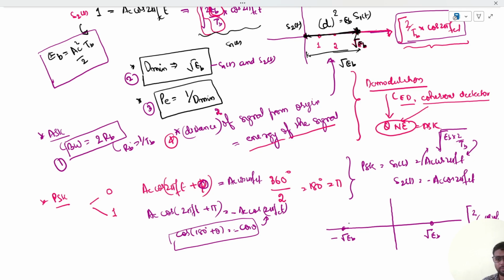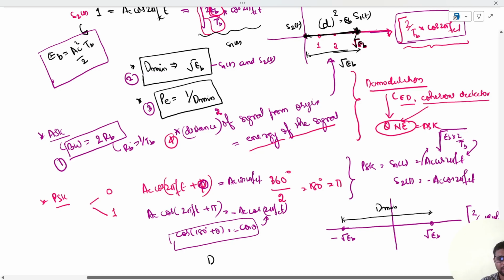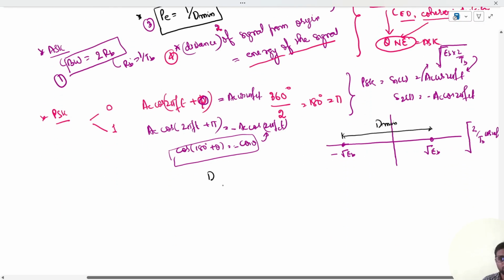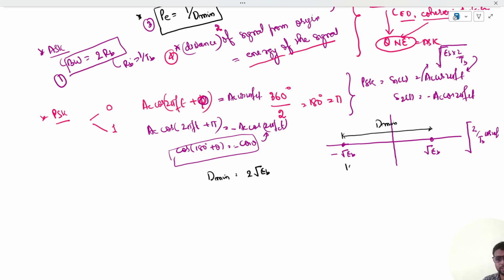So what is the minimum distance between these two signals? This is the minimum distance, D minimum. D minimum here is nothing but 2 root over EB.